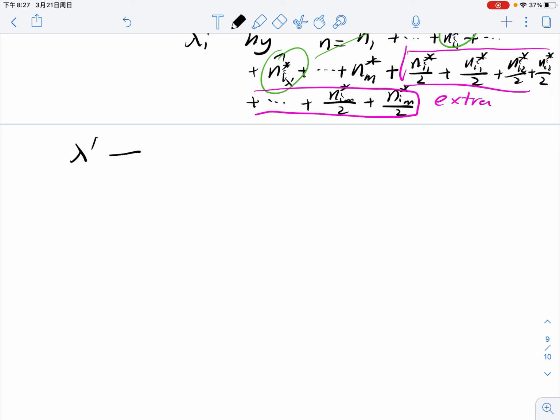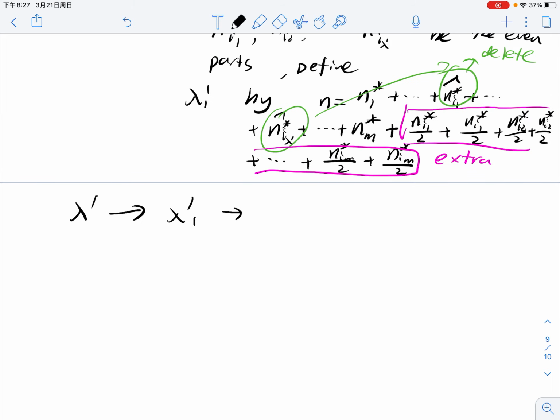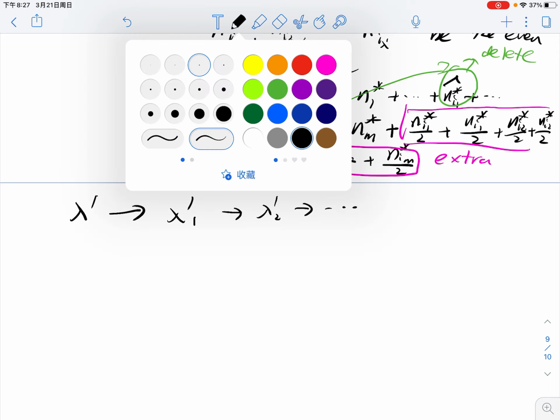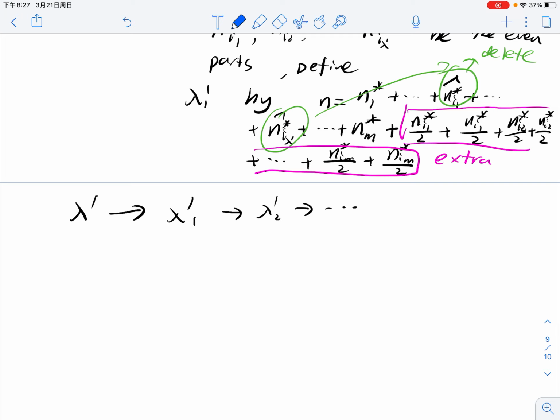So what you are doing is from lambda prime, you have lambda prime 1, lambda prime 2, and all the way down. And then the important thing is you don't want this procedure to continue forever. So you need to have some invariance to control the sequence. This is a crucial part, I think, in many important mathematical theorems.